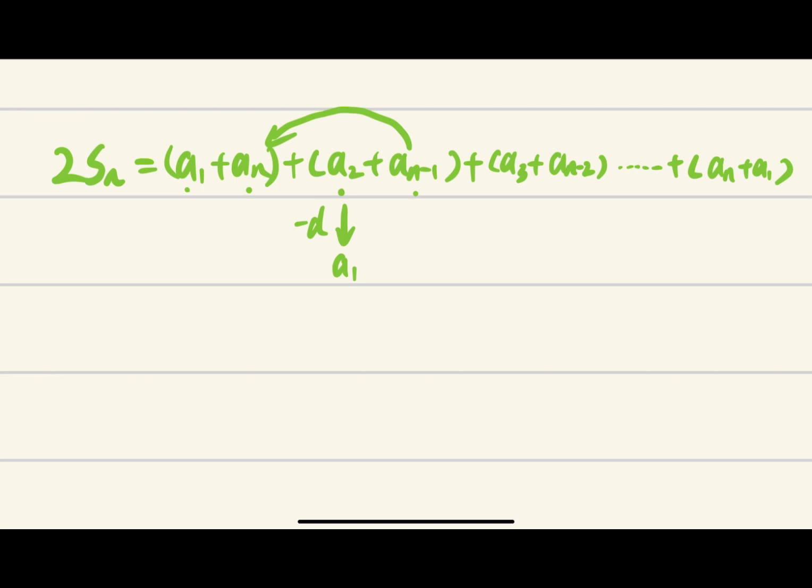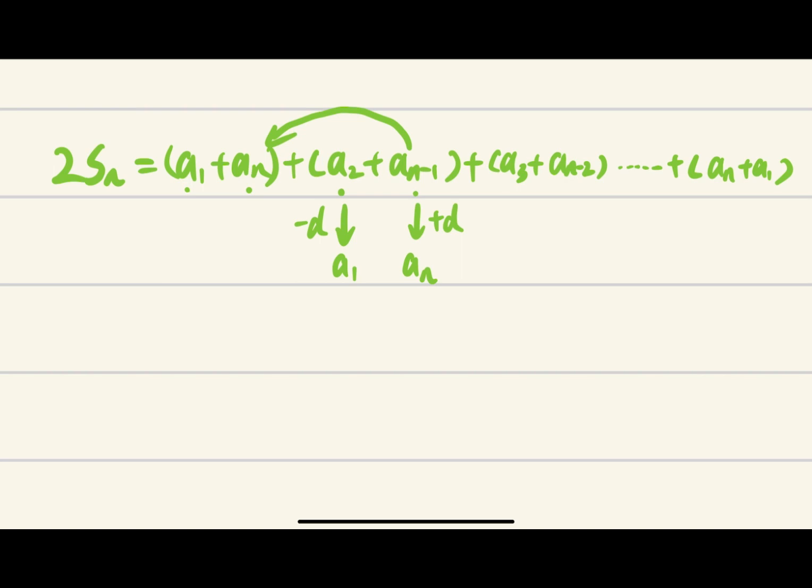What we're going to do is add a common difference d. By adding a common difference d to a_(n-1), we get a_n. So we have a minus d and a plus d, which means all these operations still keep the sum the same.